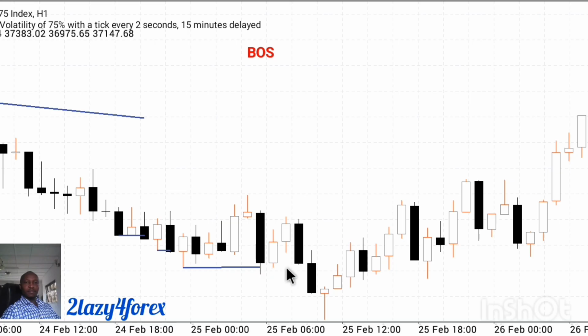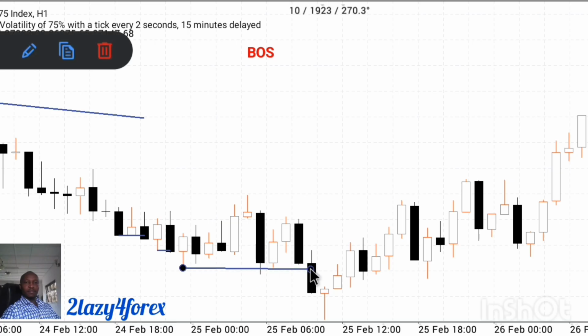And if you now look at it from here, you know that it was taken out here. This candle took the low of this candle. So that means from this red candle, everything within it to this spot is the high, sorry.